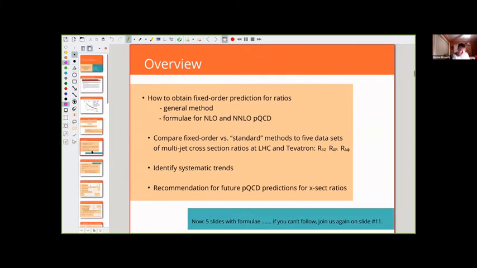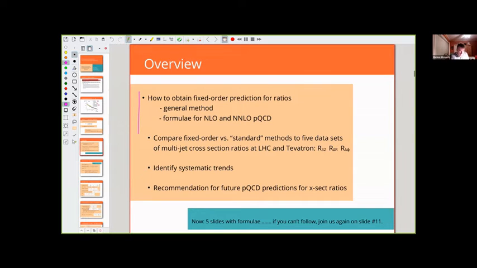So the overview of this presentation is, the first part is about how to obtain fixed order predictions for ratios, general methods for arbitrary orders and arbitrary quantities, and then specific formulas for next to leading order and next to next to leading order calculations.